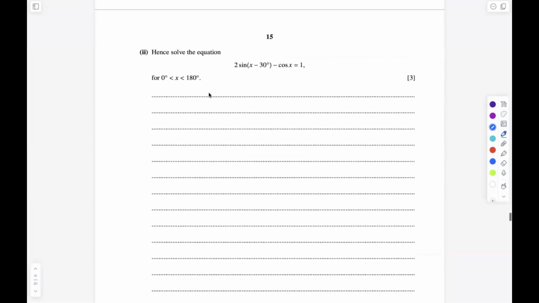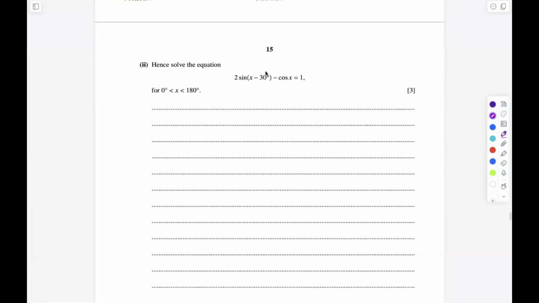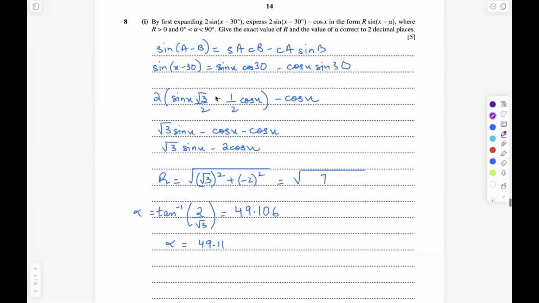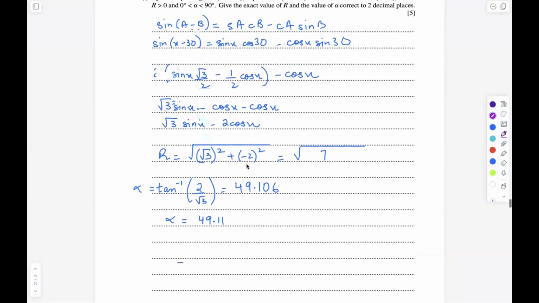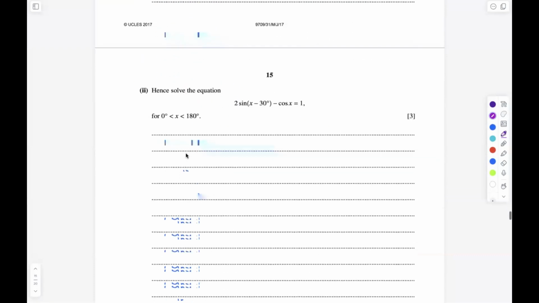In part 2, we have to solve the equation 2 sine of x minus 30 minus cos x equals 1. In place of 2 sine of x minus 30 minus cos x, we can substitute the form r sine of x minus alpha. We already have the value of r, which is root 7, so root 7 sine of x minus 49.11 equals 1.